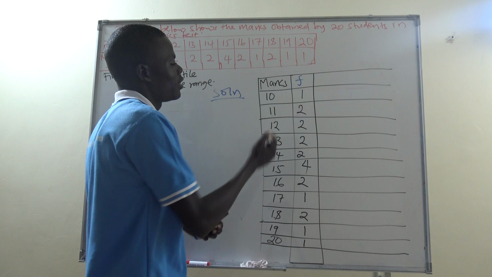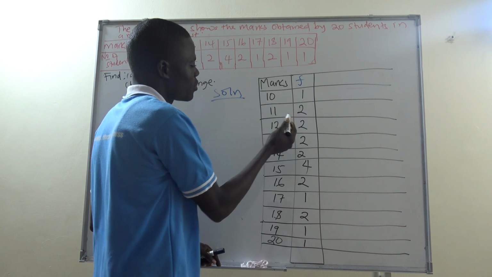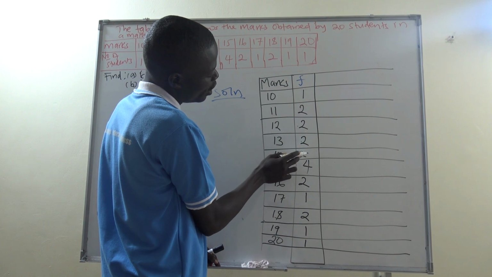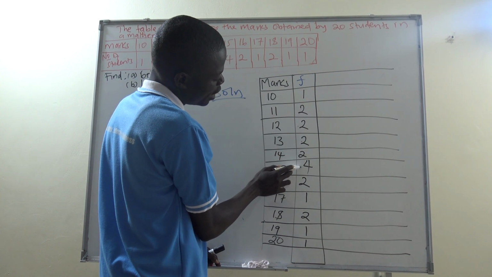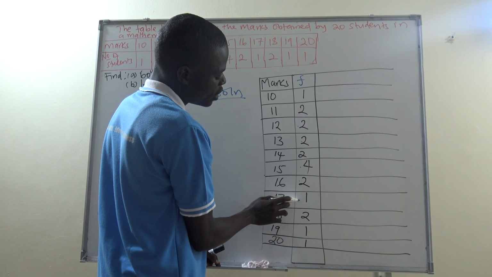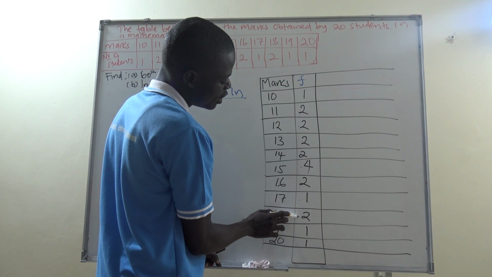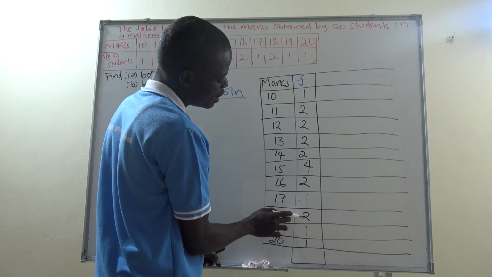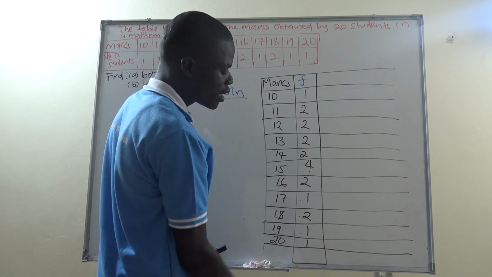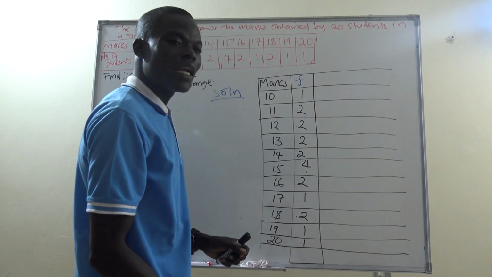So we add carefully. 1 plus 2, we get 3. 3 plus 2, 5 plus 2, 7 plus 2, 9 plus 2, 13 plus 2, 15 plus 2, 16 plus 1, 16 plus 2, 18 plus 1, 19 plus 1, 20.